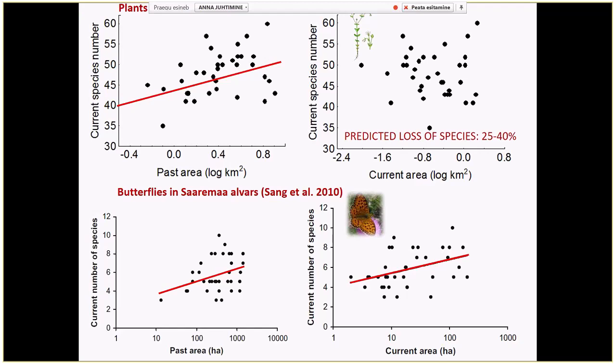And here is one extinction debt example that we found in the Estonian grasslands, that our current species richness is better explained by historical habitat area before these big area losses, and not so well explained by the current habitat area. So you see these upper panels there.